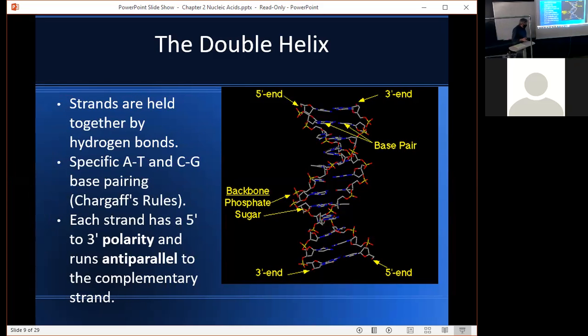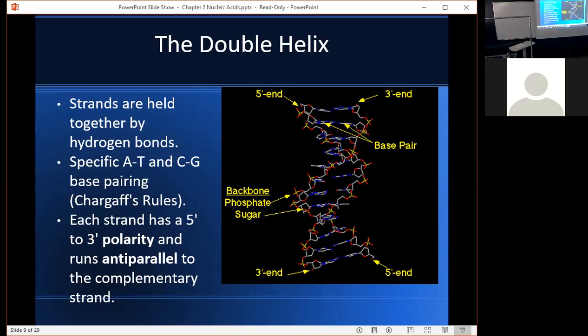Okay, so let's talk about the structure of DNA. Obviously we understand a lot more about the structure of DNA now. DNA is a double helix composed of two strands of DNA. So it's a double-stranded helix. The strands are held together by hydrogen bonds, specific AT and CG base pairing.